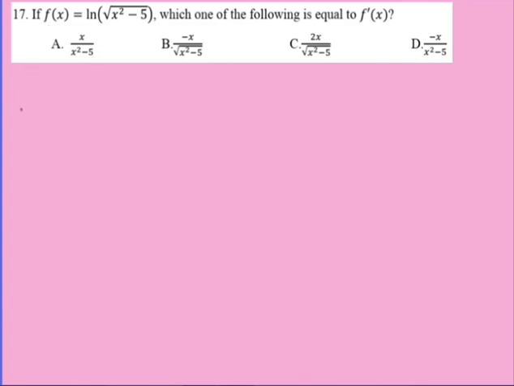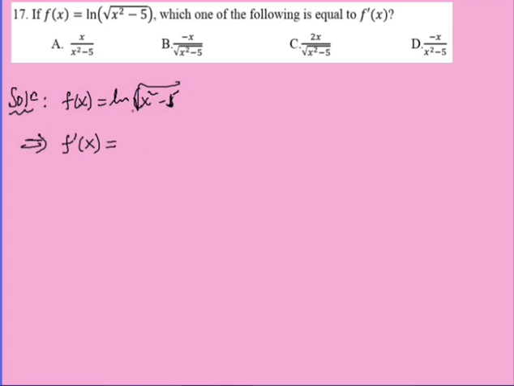Again, we have the derivative of an ln function. This function is similar to question number 15 or 14. Our f of x is ln of radical x squared minus 5. Once you know the derivative of ln and the derivative of radicals, it's very simple. You don't need to apply chain rules. Actually it's a chain rule, but you can make it short by writing like this.